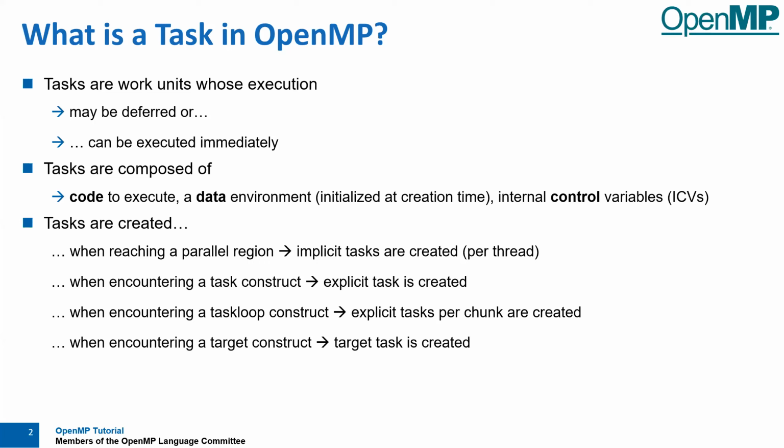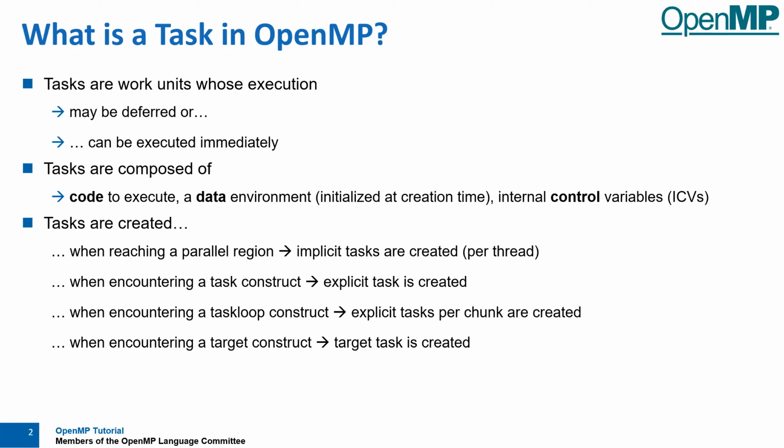Just take my word for now. That's just OpenMP language lawyers talking. Then there needs to be a construct where you, as the programmer, indicate to OpenMP to create a task out of a certain code region and capture the data environment. This is called an explicit task, and the OpenMP construct for that is called task.